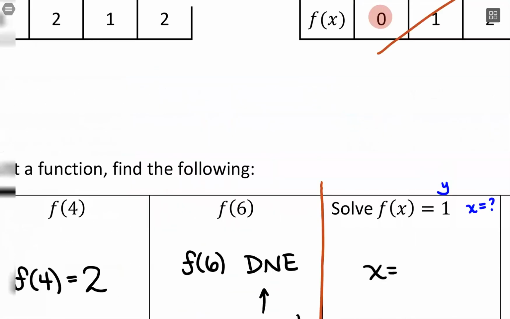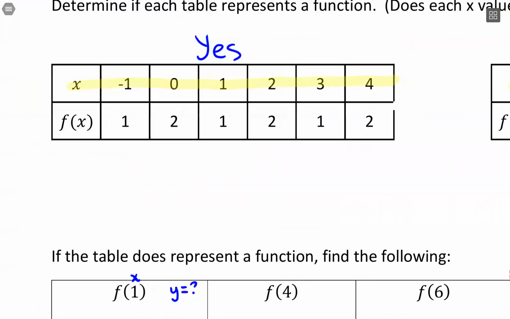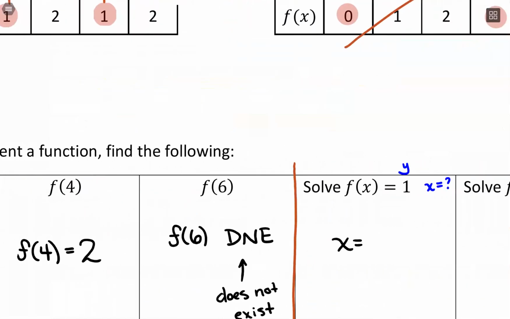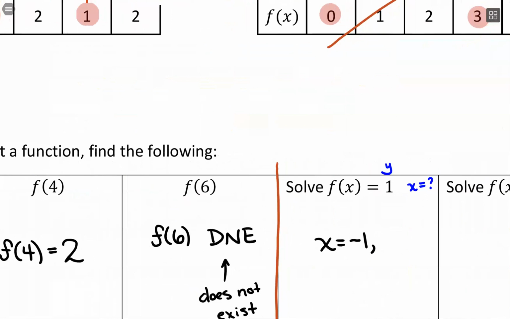Looking at our table, now I'm looking at the other row where I'm looking at the f of x values. And what I can see here, in fact, I'll highlight them: an output of positive 1, output of positive 1, output of positive 1. So what I want to do is grab the matching x values. I'm going to have x equals -1, positive 1, and 3. So x could be -1, positive 1, or 3.